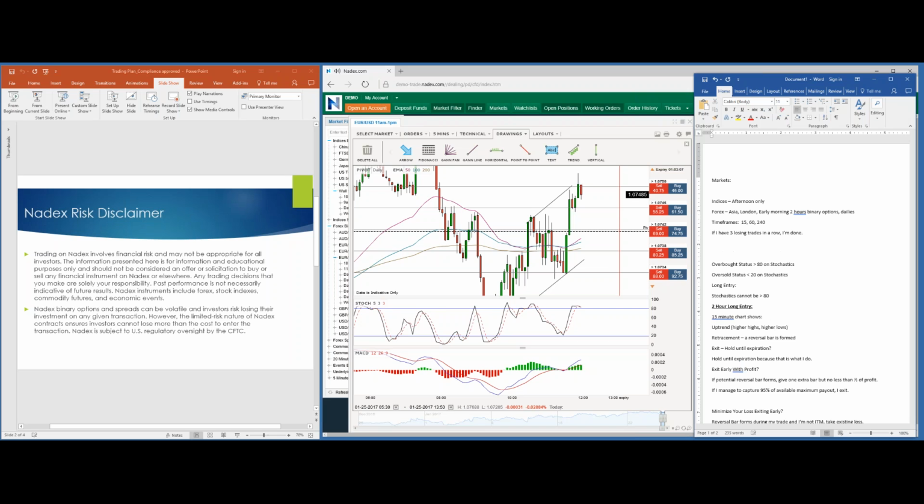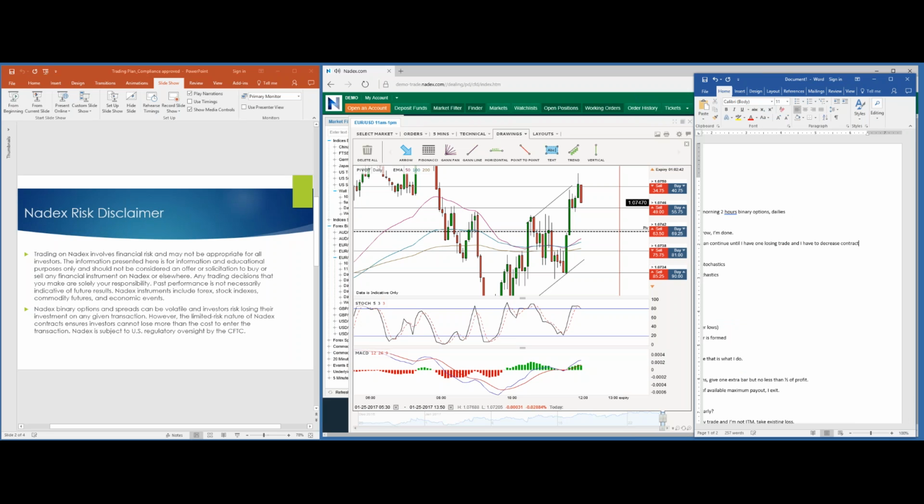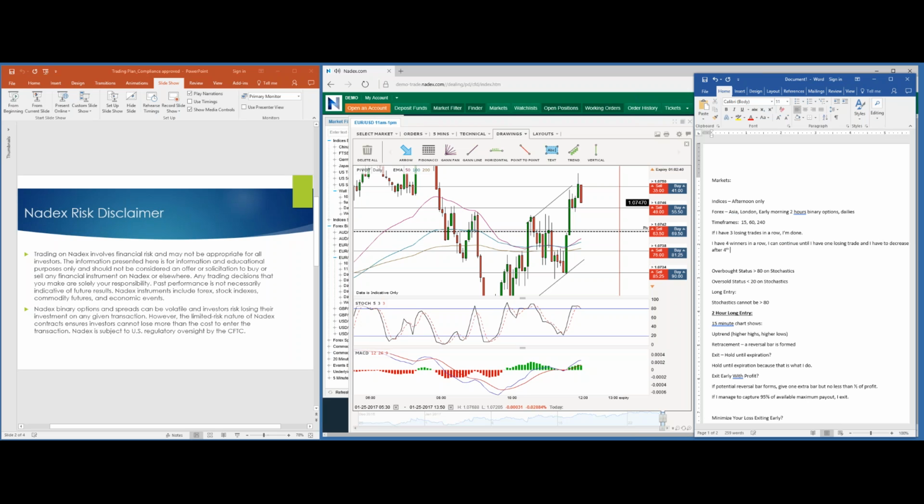Now, if I have a winning day, let's say I have 4 winners in a row, I can continue until I have 1 losing trade, and I have to decrease my contracts after the 4th winning trade to half of normal trade size.